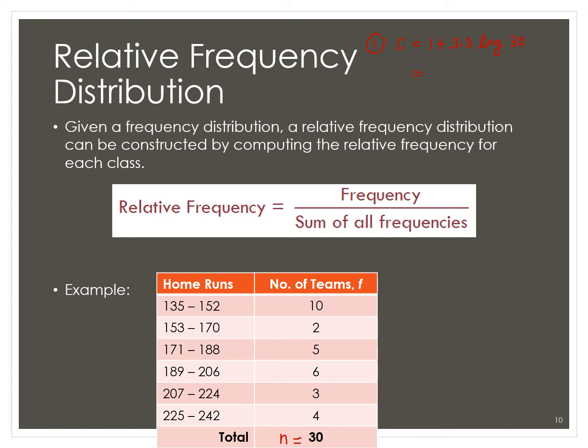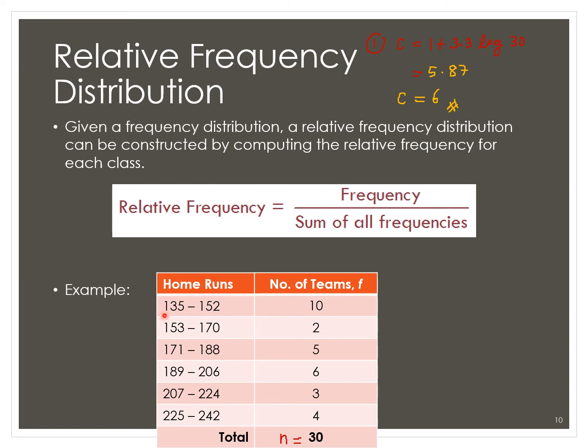You will get 5.87, so you will decide the number of classes will be 6. As you can see here, we have the first class, second class, third class, fourth class, fifth class, and the sixth class.